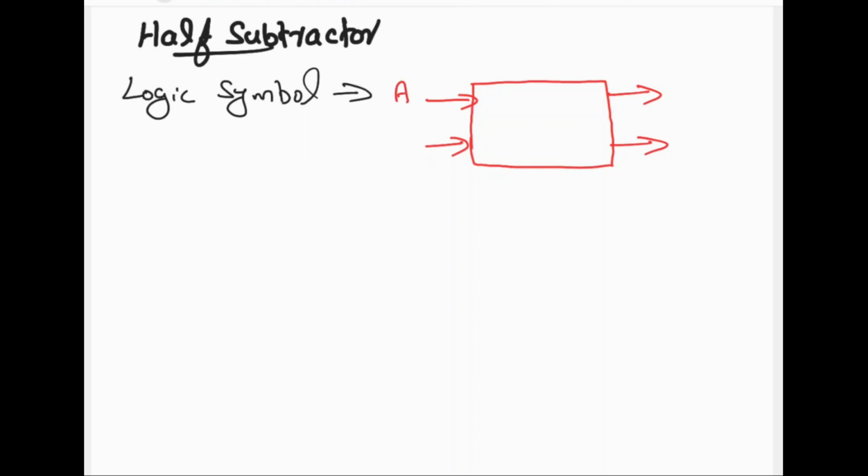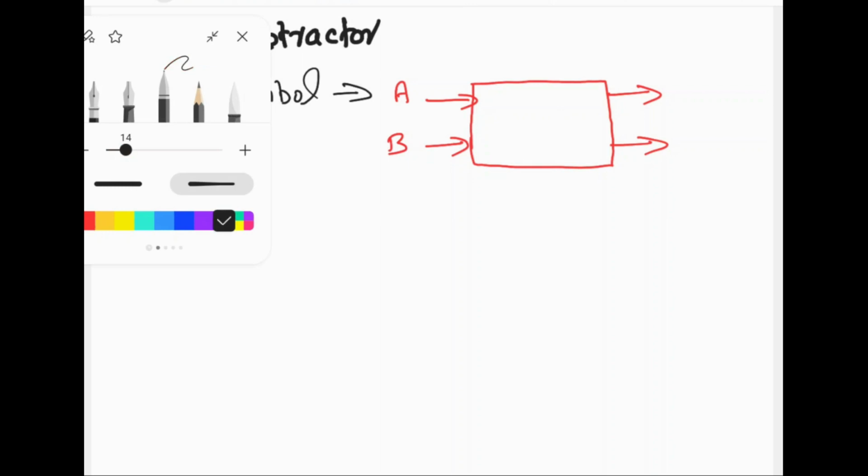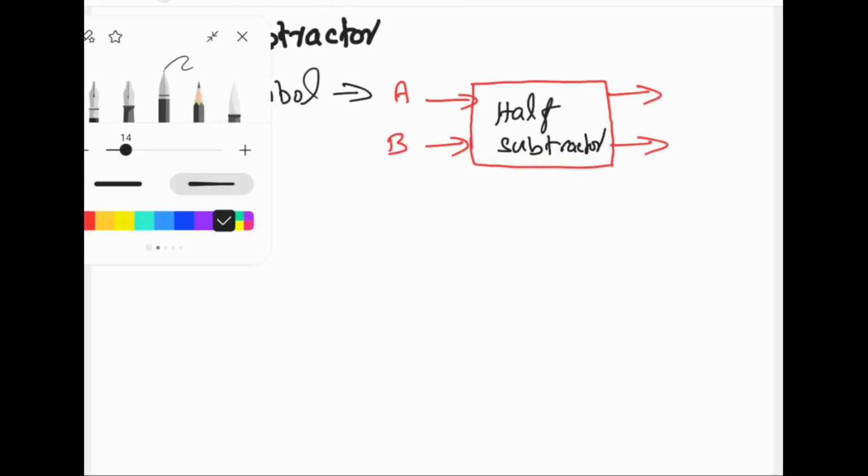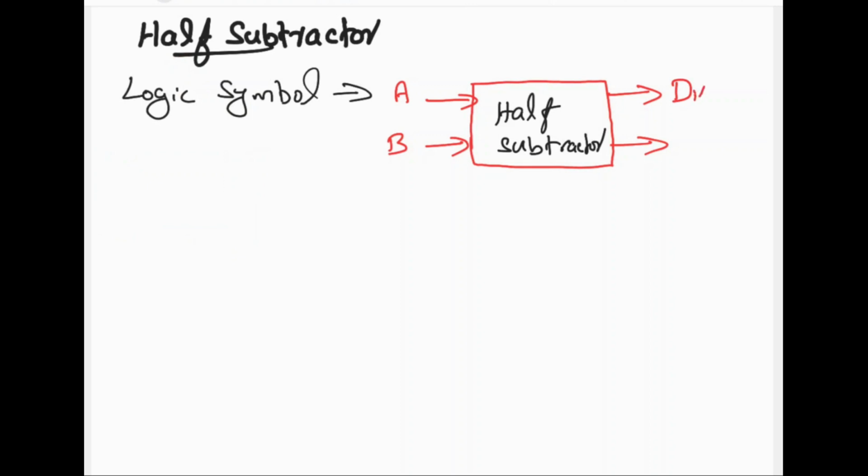We have two inputs A and B, and this is the half subtractor, and we have two outputs, the difference, D stands for difference, and we have a borrow, B, and it stands for borrow. So this is the logic symbol for half subtractor.